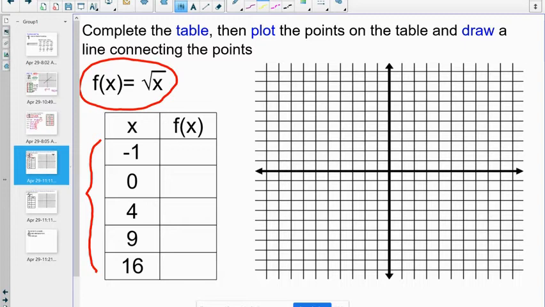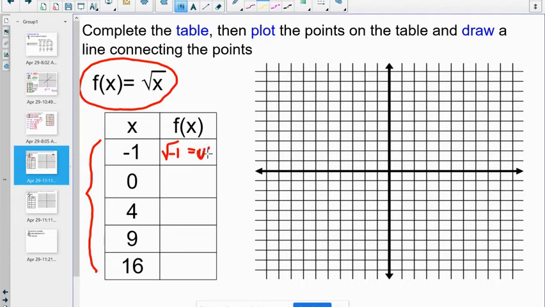So if we plug in negative 1 for x, then we'd have the square root of negative 1. And before you say that the answer is 1, remember the rule about square roots is that you cannot take the square root of a negative number. So you would just write undefined.